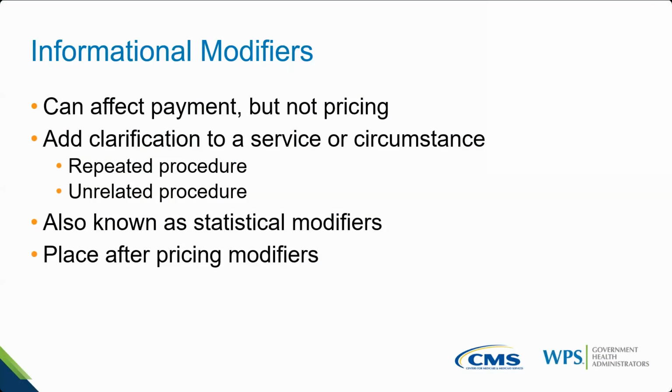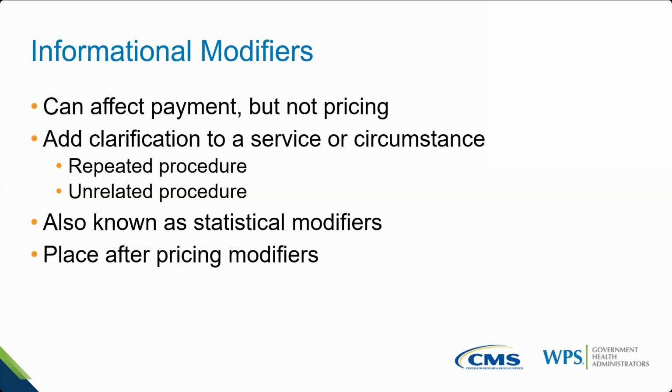And I already mentioned that you're going to place these after your pricing modifiers. But even though they're not pricing modifiers, they can affect whether a code gets reimbursed. So they're still relevant to payment despite being described as informational.